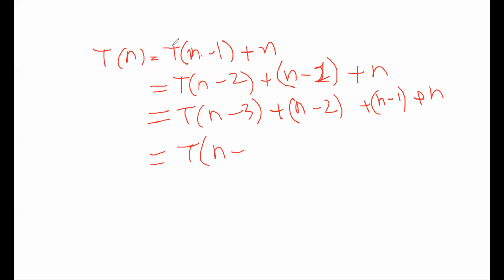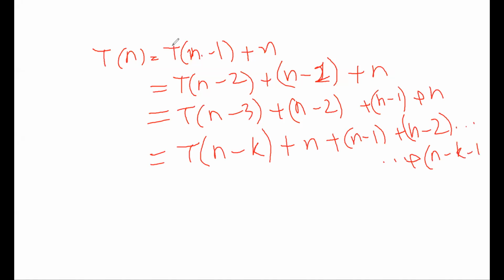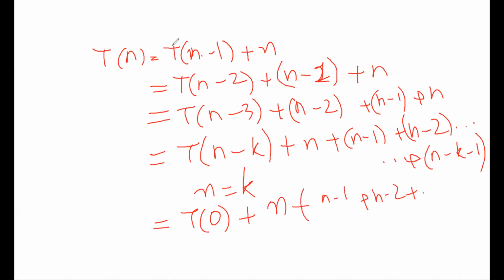Generalizing, n-k, this is n plus n-1, just reversing, plus n-2, and so on, plus n-k-1. So when n is equal to k, then you get T(0) plus n, plus n-1, plus n-2, all the way down to 1.